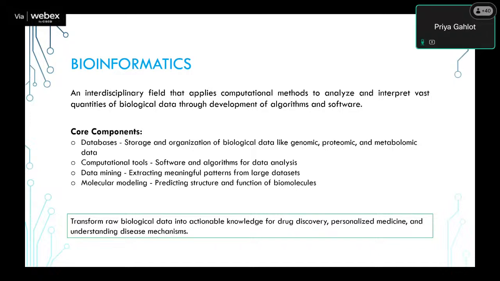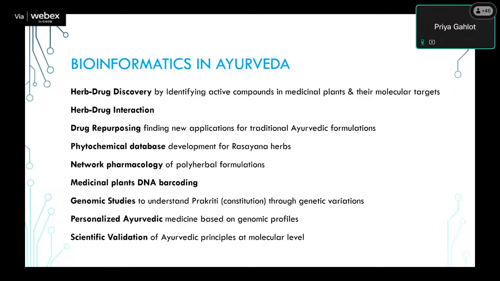So basically, by using certain computational methods, we are analyzing and interpreting our available biological data. That is bioinformatics. If we move on to how we can use bioinformatics in Ayurveda, then we can do herb drug discovery by identifying certain active compounds in the medicinal plants using the molecular targets.